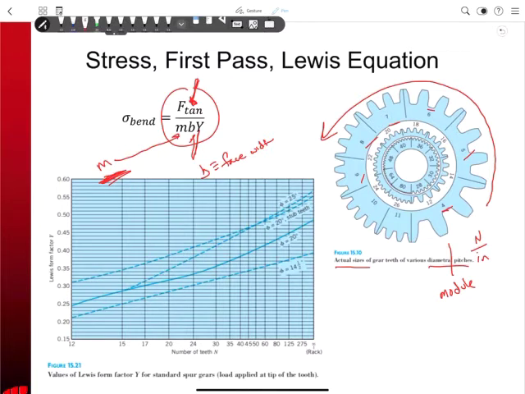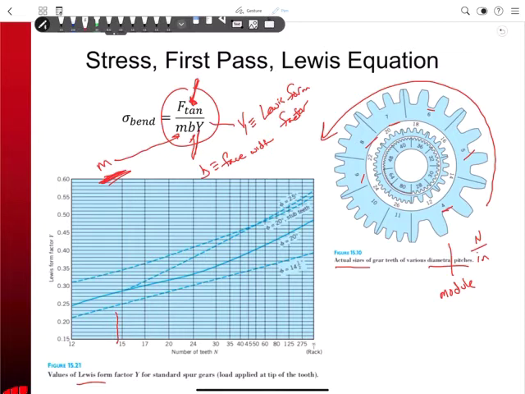Finally, we've got this thing called the Lewis form factor. Y equals Lewis form factor. Let's see, I've got to go say the number of teeth, and let's say on my pinion, just for kicks, I've got 14 teeth, so I'm here.